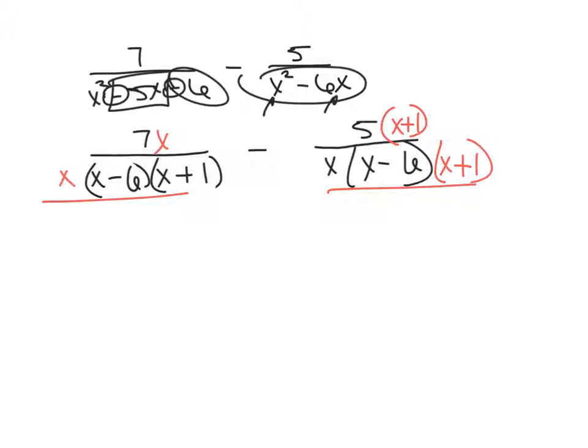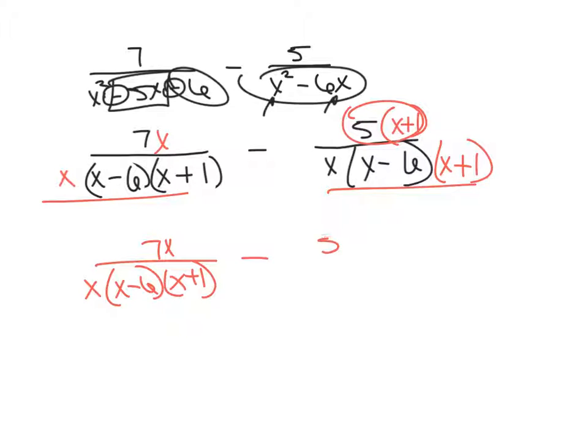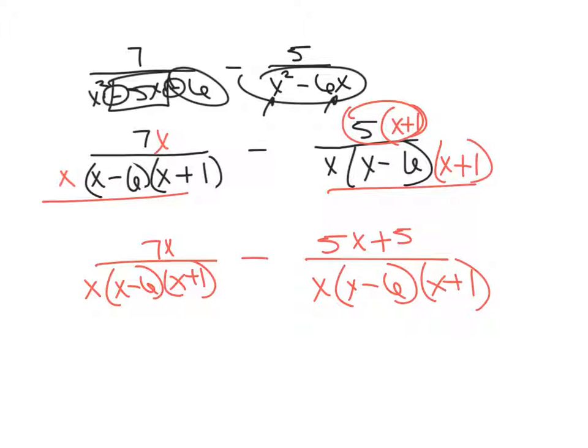Alright, so let's write this as 7x over, and let's distribute that. So this is where kids get a little confused.